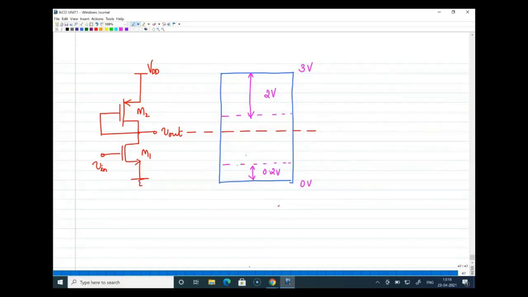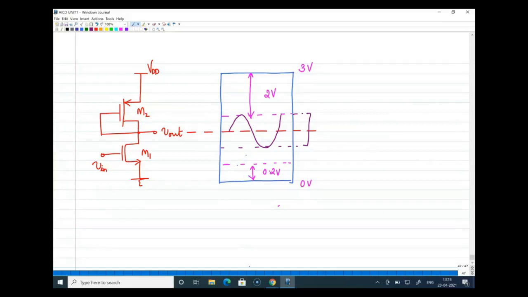Now, when your output DC level is this, if you want a symmetrical waveform, you can expect only this much as the space for the output voltage to move around. That is why I mentioned that there will be a terrible hit in the output voltage swing if I go with this circuit in this way. Or you have to definitely bring in some additional feature into the circuit in order to come out of this problem.